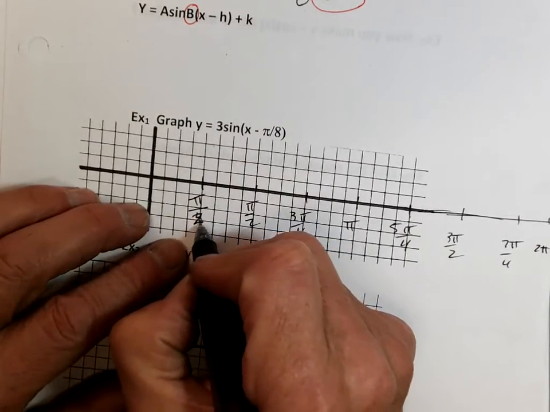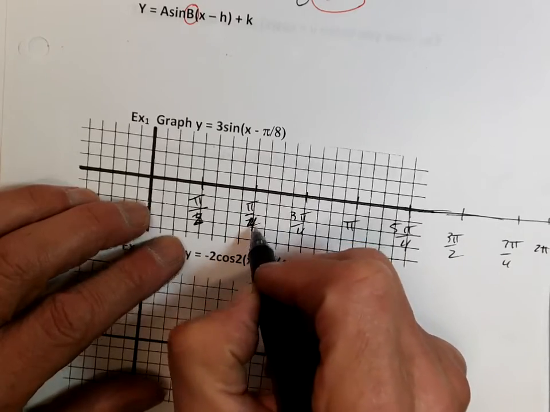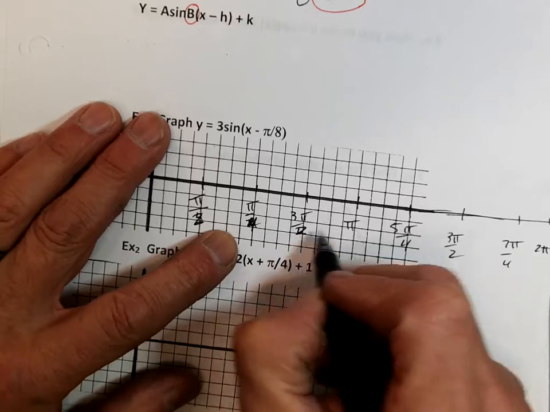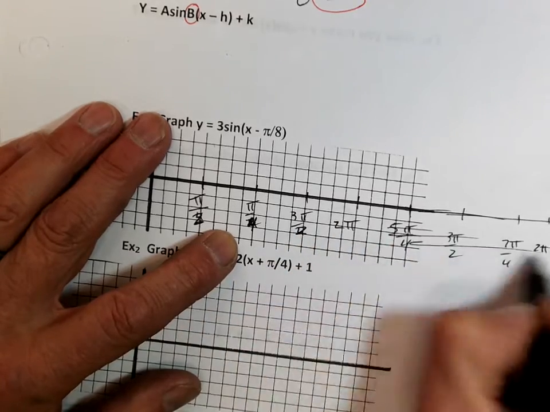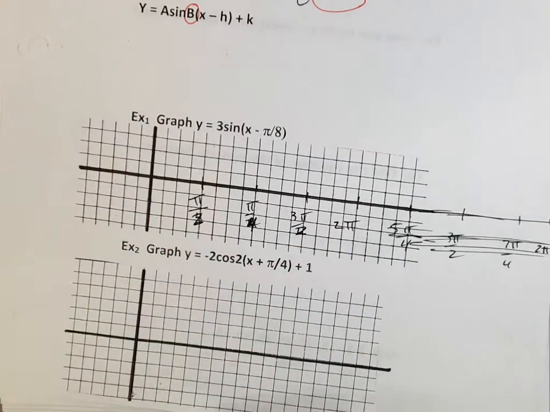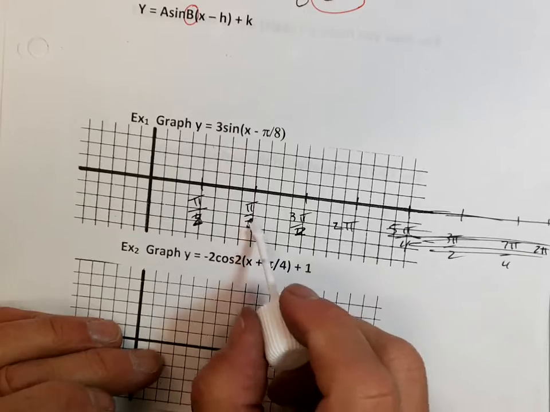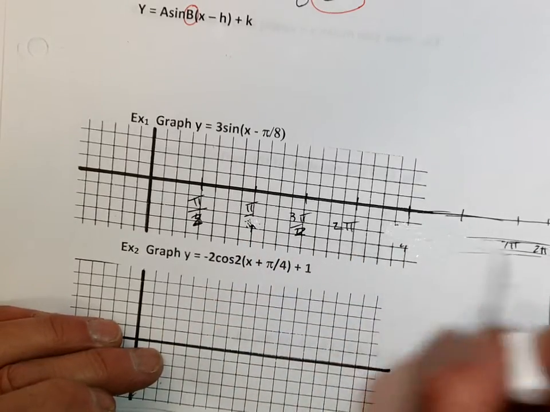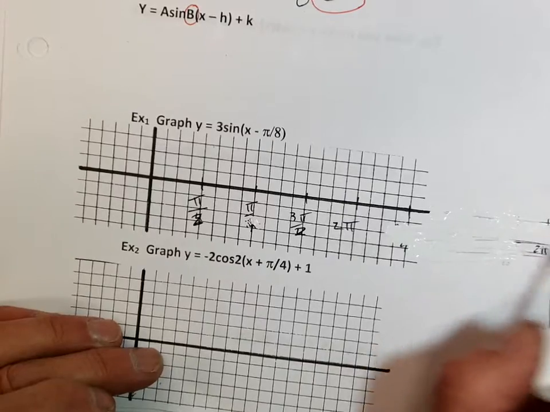Pi halves, pi, 3 pi halves, 2 pi. There we go, that's what I want. Wait, so it's pi halves and then pi? Yeah, pi halves, pi. There's that. There you go. Alright, there we go.